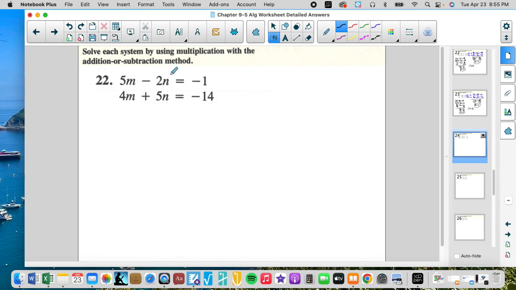I'm still going to cancel these out. I'm always going to go with not having to distribute a negative. Sorry. That's 25m minus 10n equals negative 5.